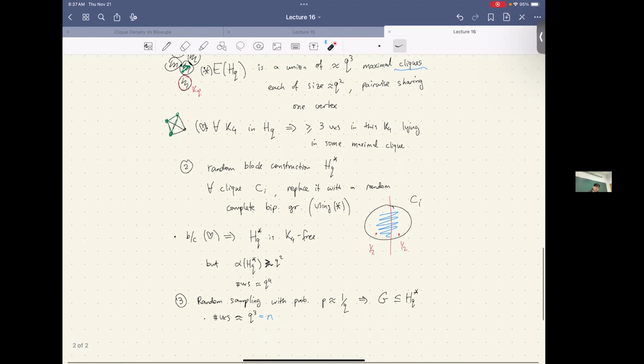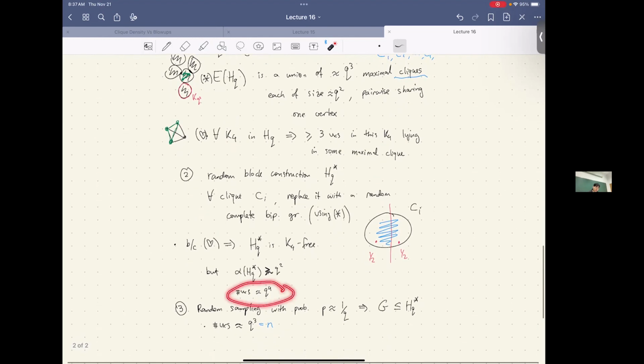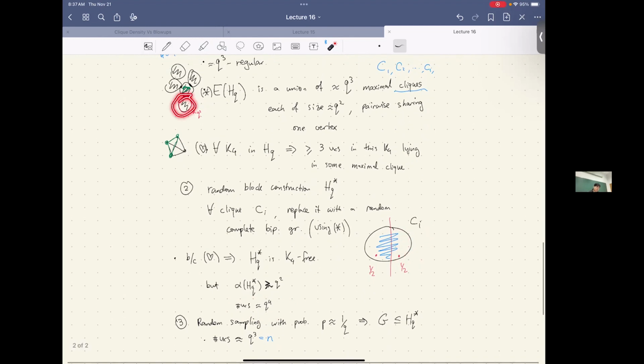But now the problem is it is K4 free, and the graph has order Q to the 4, but obviously there's a Q squared independent set here because each clique is of size Q squared. So this independent set is roughly square root of n if this is our n, which is too large. We want it to be n to the 1/3.